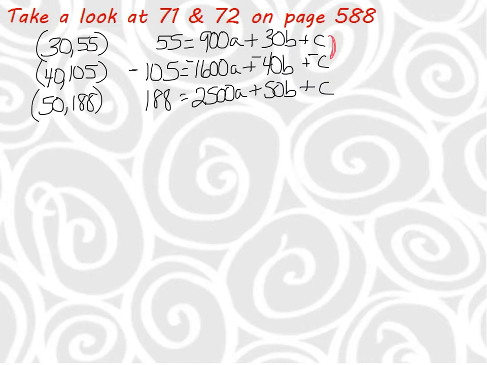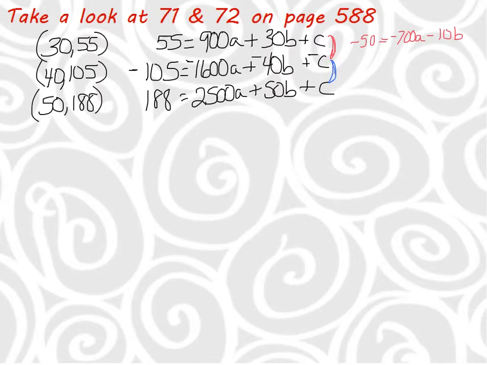So if I group these two together, I got a 55 and a negative 105. So that'll get me a negative 50. 900 and negative 1600 is going to get me a negative 700a. And then a minus 10b, and the c's drop out.